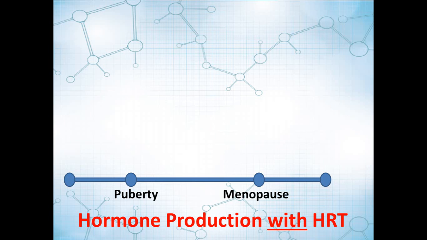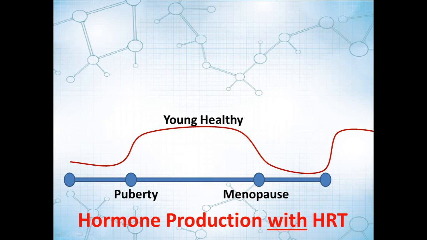Now, that's the story without HRT. When you add HRT, this is kind of the life cycle of, let's say, a woman's estrogen levels. She's going to be relatively low, prepubescent, and then she's going to be fairly normal, we hope, in her reproductive years, and then she's going to hit menopause, and then you're going to then potentially introduce HRT.